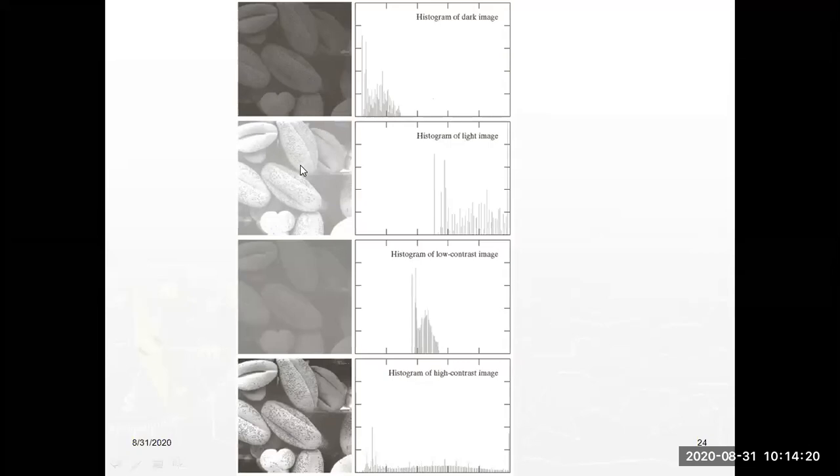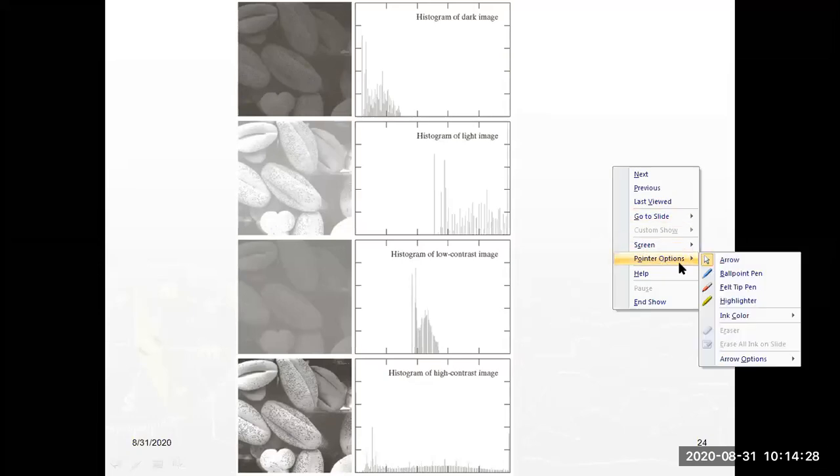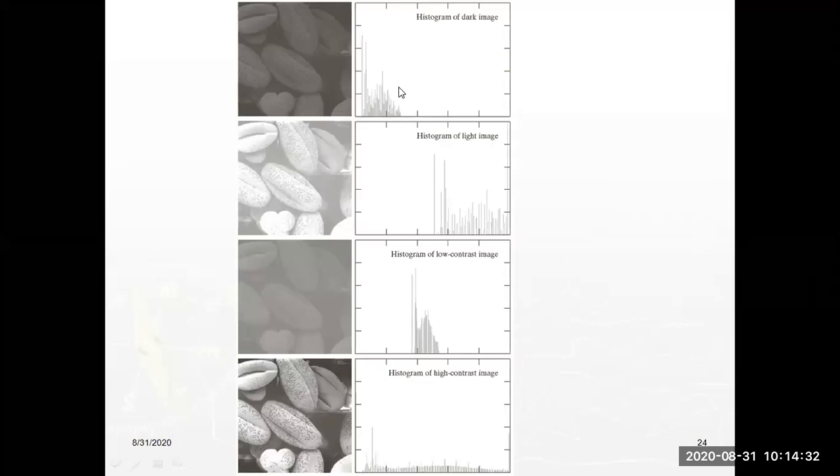Next, come to the second one. This is called the histogram of a dark image.